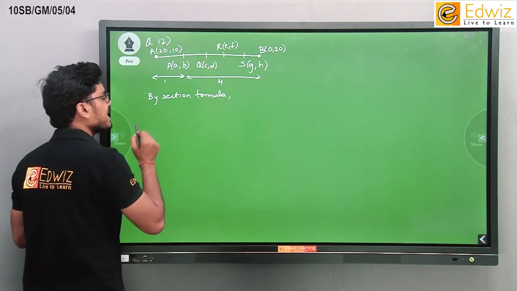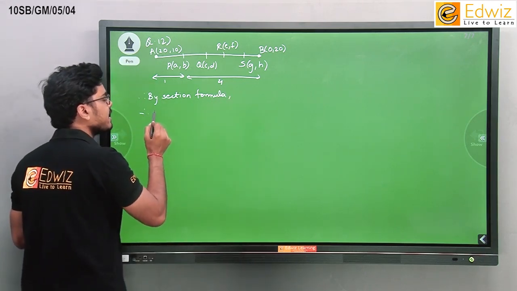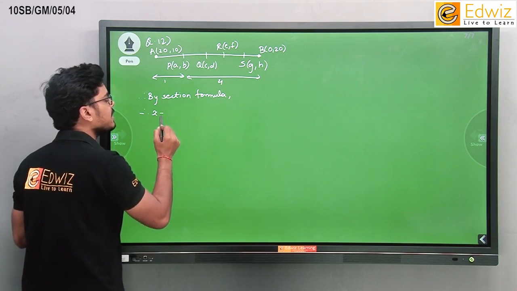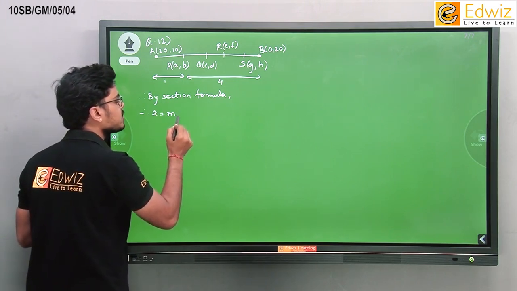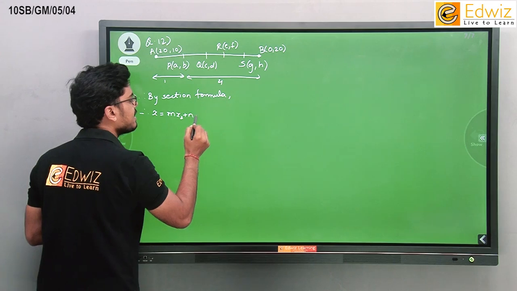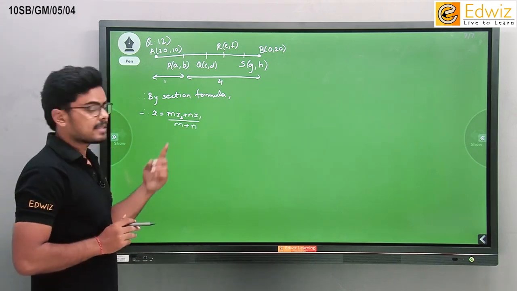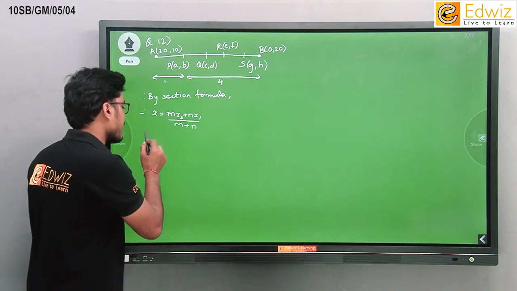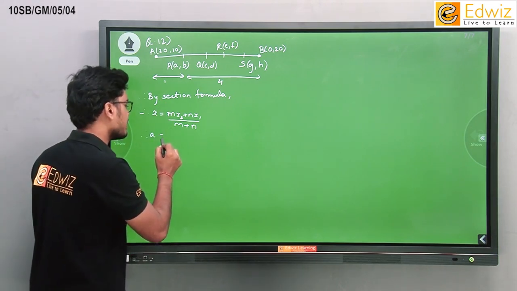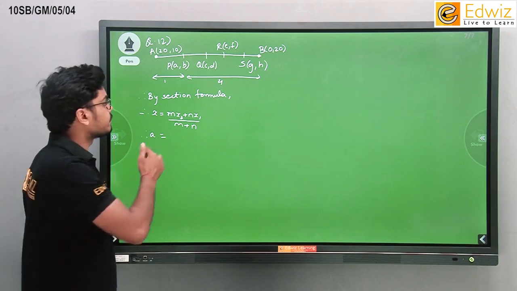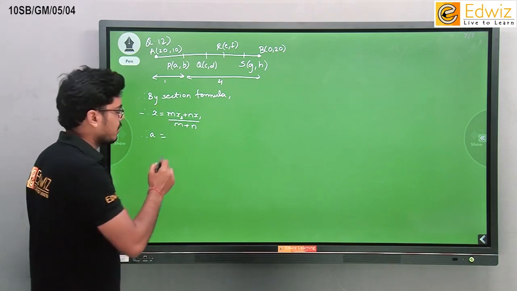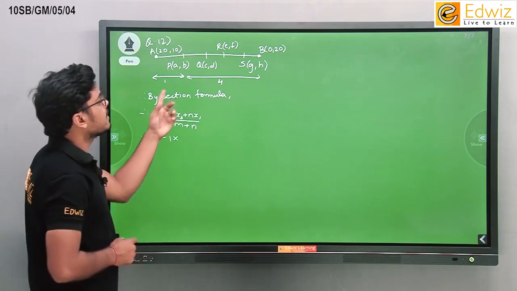Okay, so therefore by section formula we can say that the x coordinate of point P will be equal to mx2 plus nx1 divided by m plus n. Correct? So the x coordinate of point P here is A. This will be equal to 1, that is m, 1 multiplied by x2.